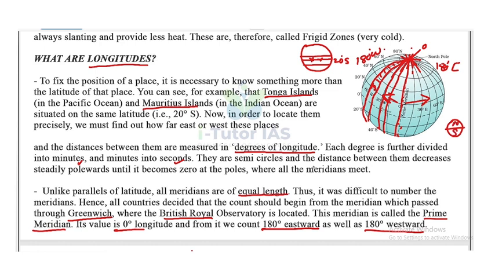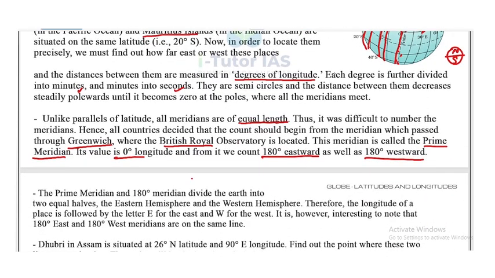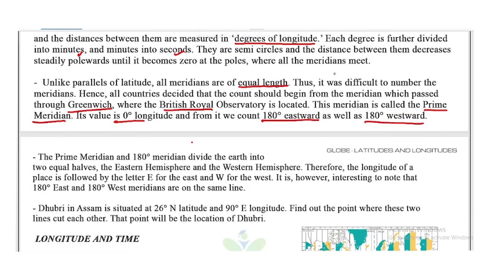This is the prime meridian and just opposite here is the 180 degree meridian. We can't see it here because it's not a 3D image.